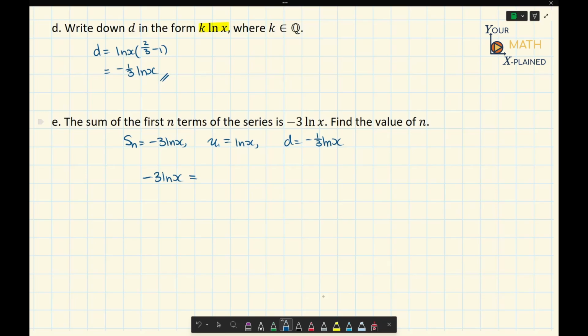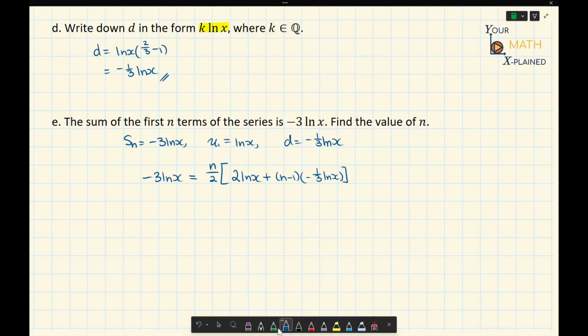equal to n divided by 2 times 2 times ln of x plus n minus 1 times negative 1/3 ln of x. Notice that we can factor a ln of x from both of these terms and then cancel it out with the left side.